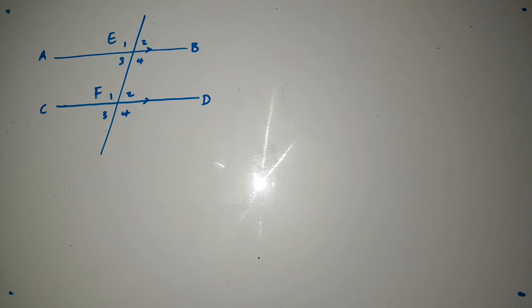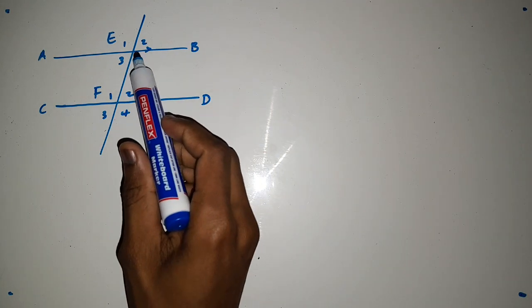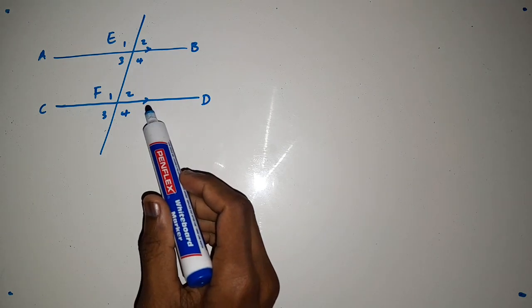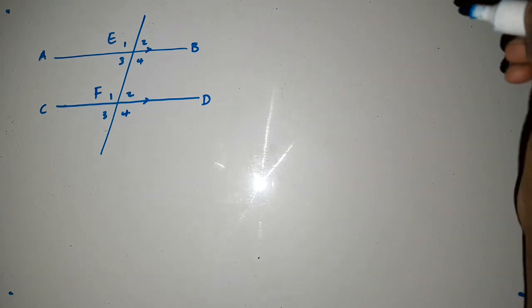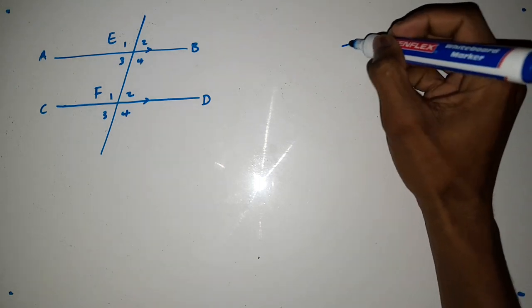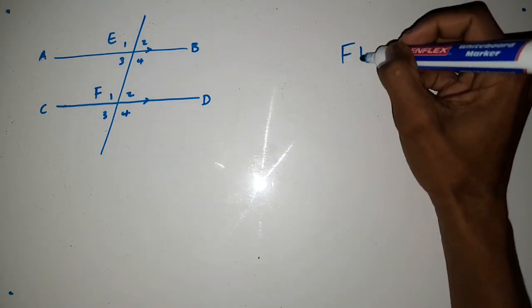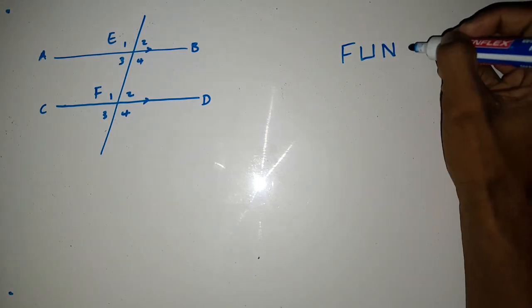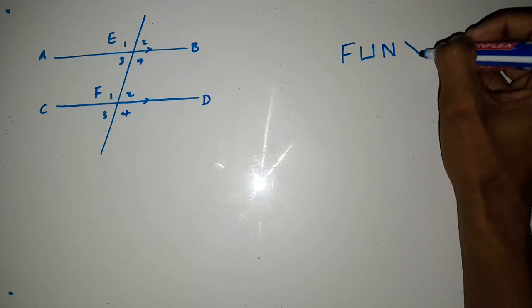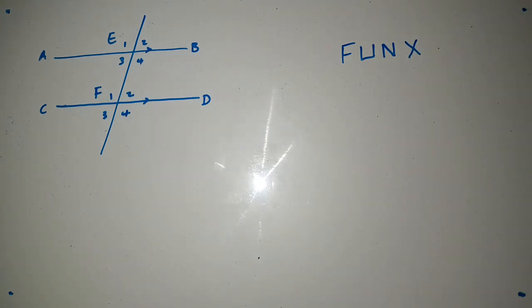Now, before we figure out the values, let me just remind you of something. If you have parallel lines like this, you just need to know that we are going to apply this concept, which is known as F, like this. Do you understand? I normally add X for vertically opposite.